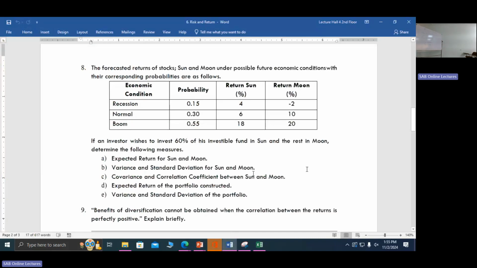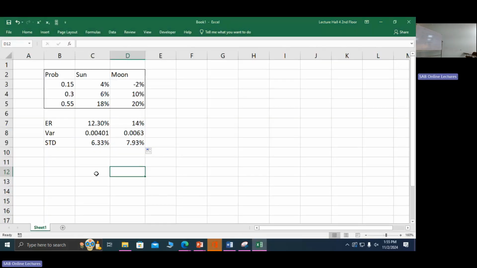Then covariance and correlation coefficients. Covariance you can calculate first.